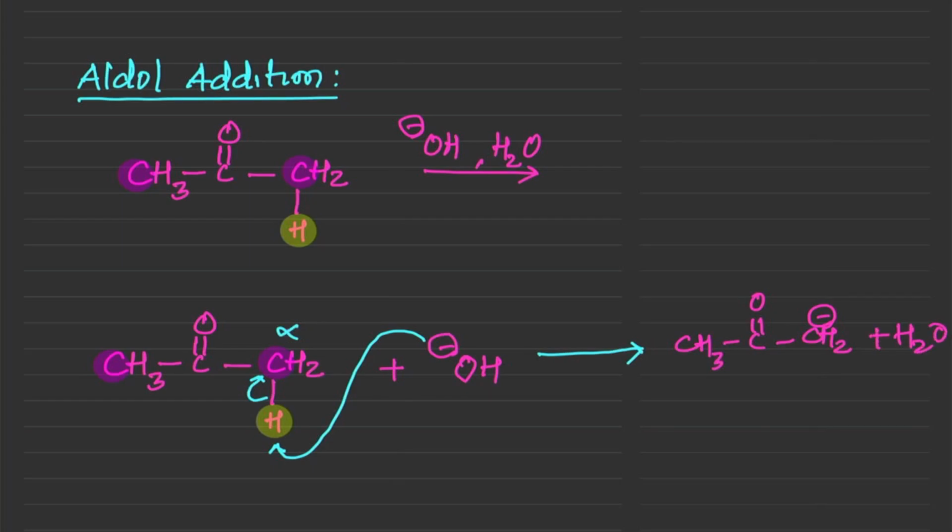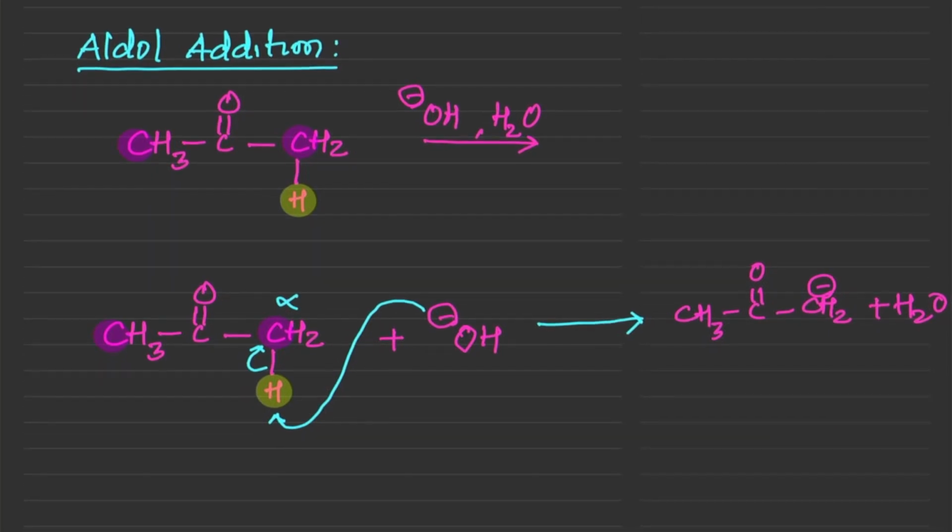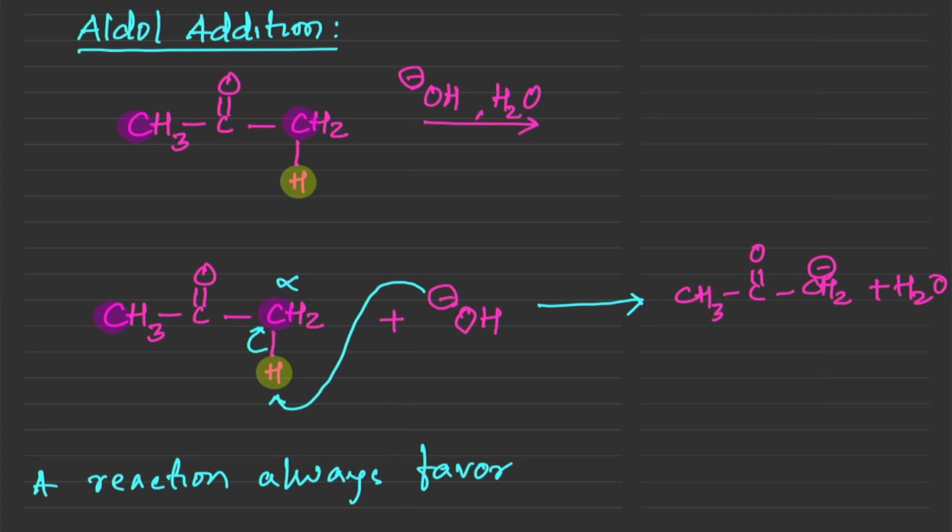In a reaction that is in equilibrium, if you remember from our Gen Chem, the reaction always favors the weaker acid. This idea is very vital to understand aldol addition reactions, and also when we talk about cross aldol addition reactions later. So the reaction always favors the weaker acid.